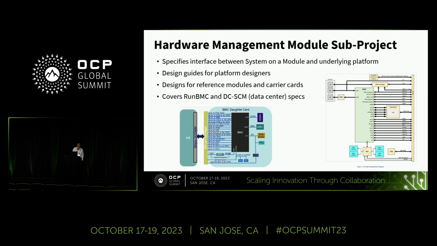The next sub-project is hardware management module. As I talked about, there are two things here. One is the BMC daughter card IO specification. What you see here on the left, the picture, shows in the spec, it defines exactly the layout, connector, and pinout for that Run BMC card.